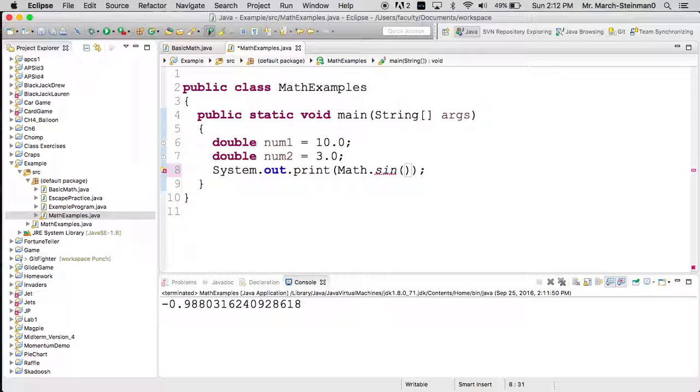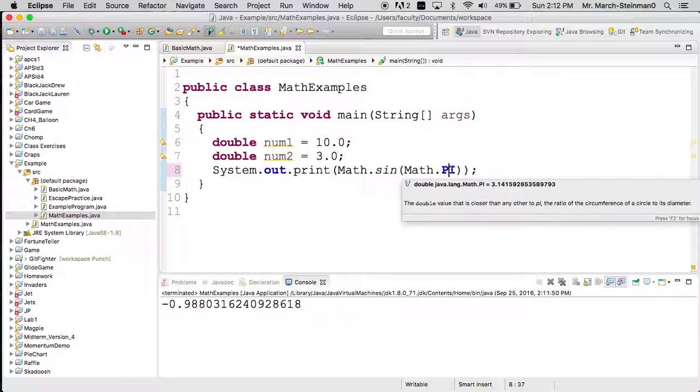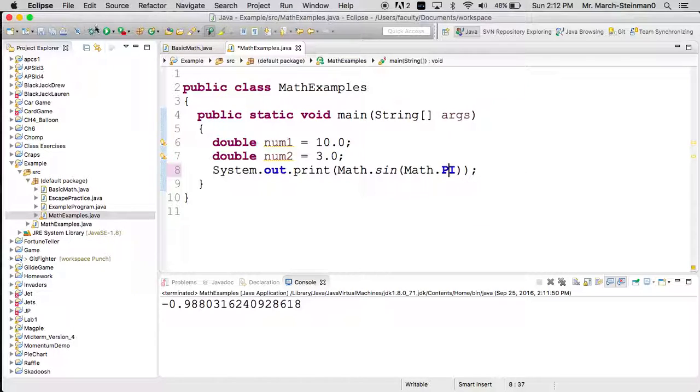In fact, it does. So to get pi, I can just type Math.PI. And notice this is in blue, it's a constant value. And it's listed as this value in the math class. So let's run this.